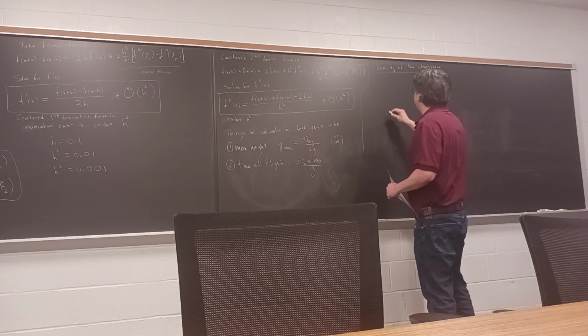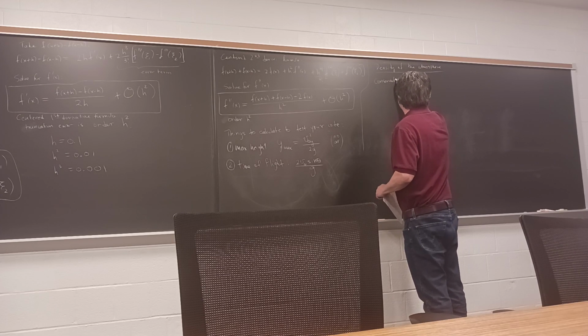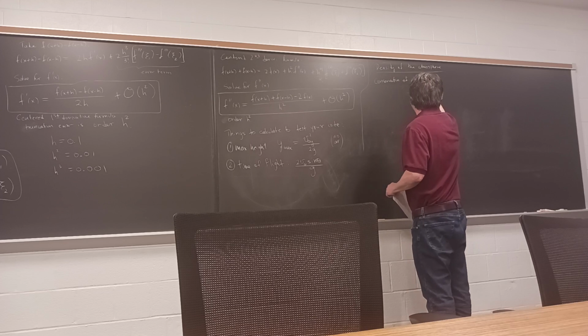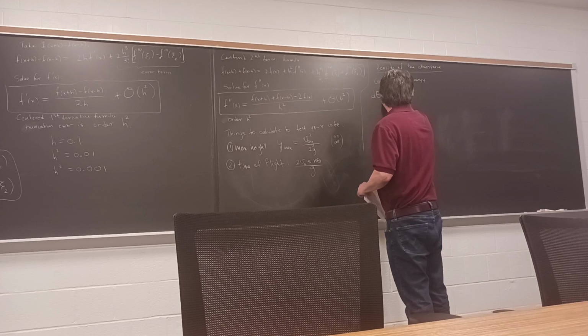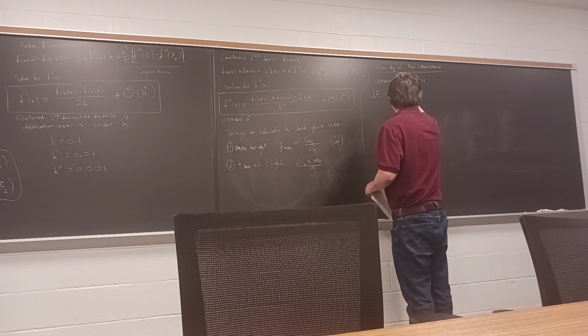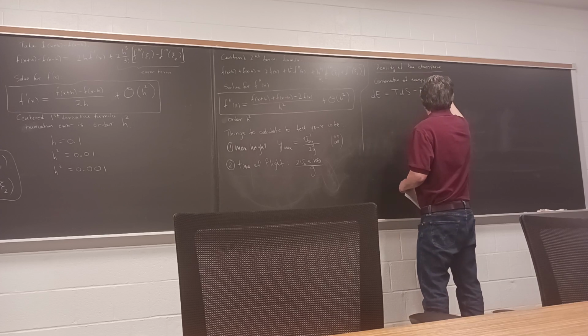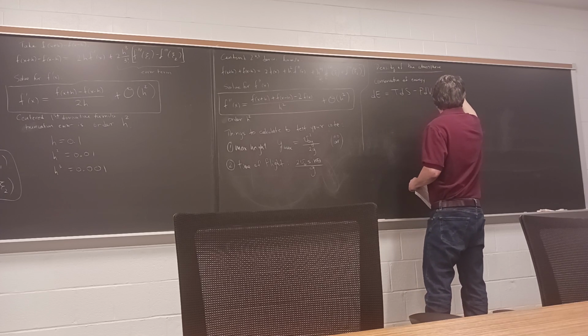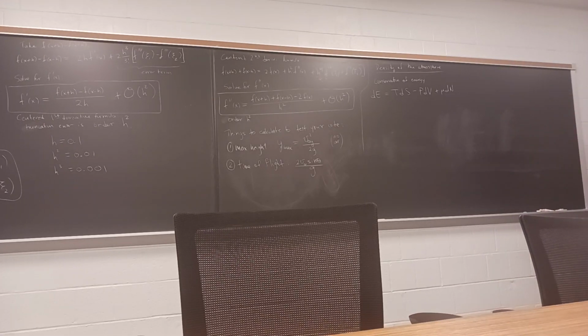So let's just write down the conservation of energy. So dE is equal to T dS minus P dV plus mu dN. Has everybody seen this before in their thermodynamics class? Yep. Not yet.